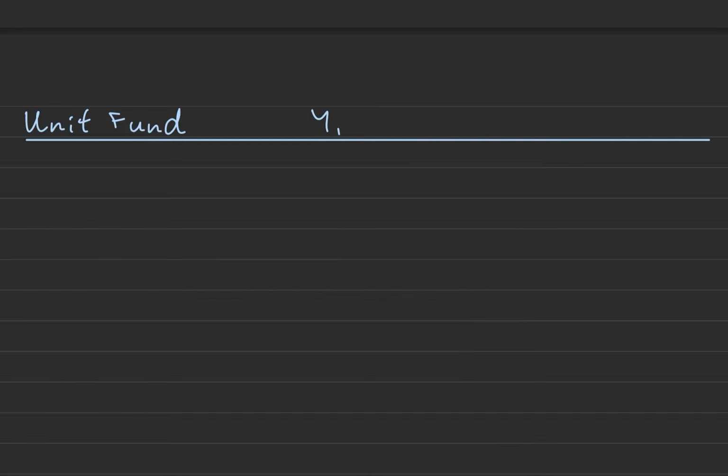Okay, so here's the unit fund, and let's set up this table. We're not going to fuss too much about making our table look nice. There's year 1, there's year 2, there's year 3. It's very clear what these Y's mean to the marker. We don't have to fuss. Okay, now, this unit fund, at the start of every year, is going to have a beginning value.